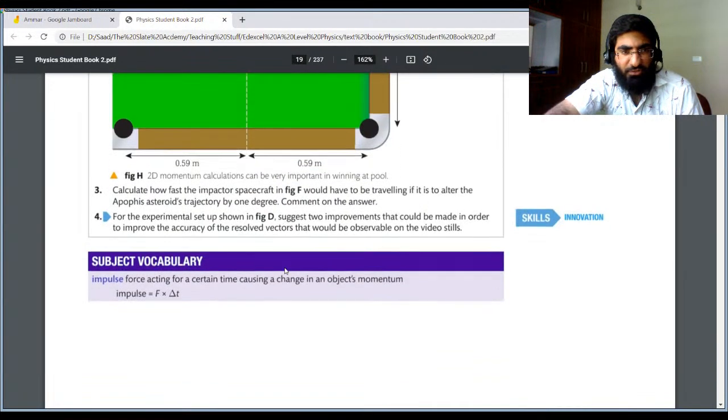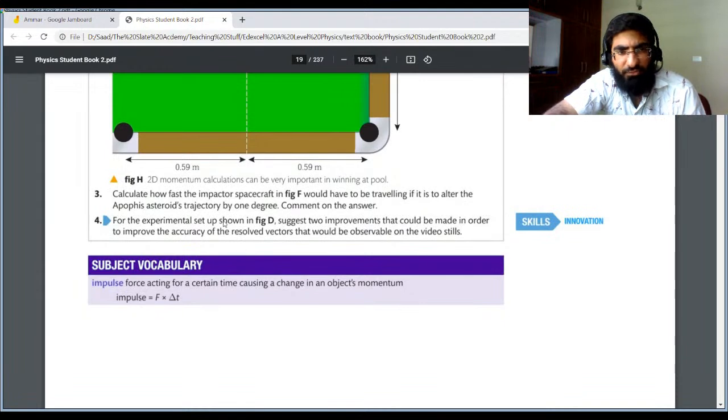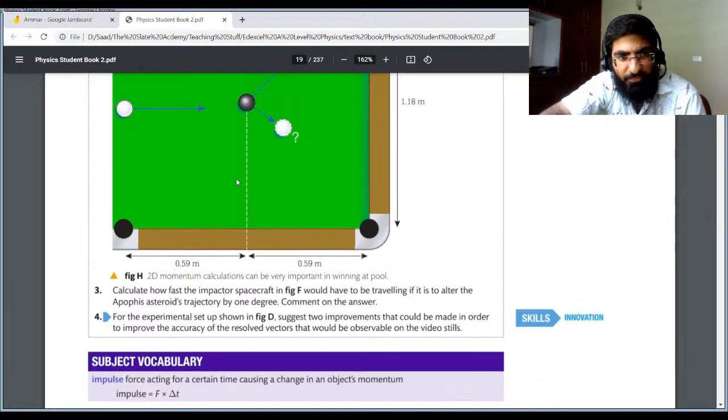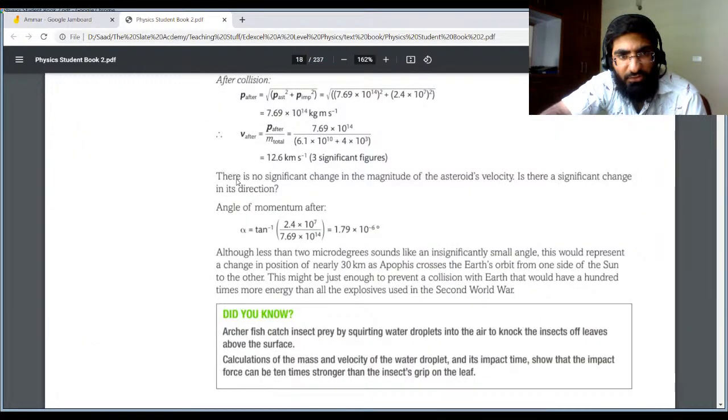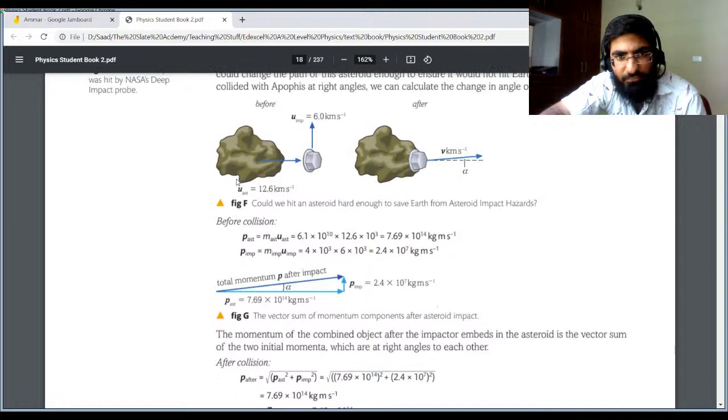Let's see the next part. Calculate how fast the impactor can be. Figure F3.